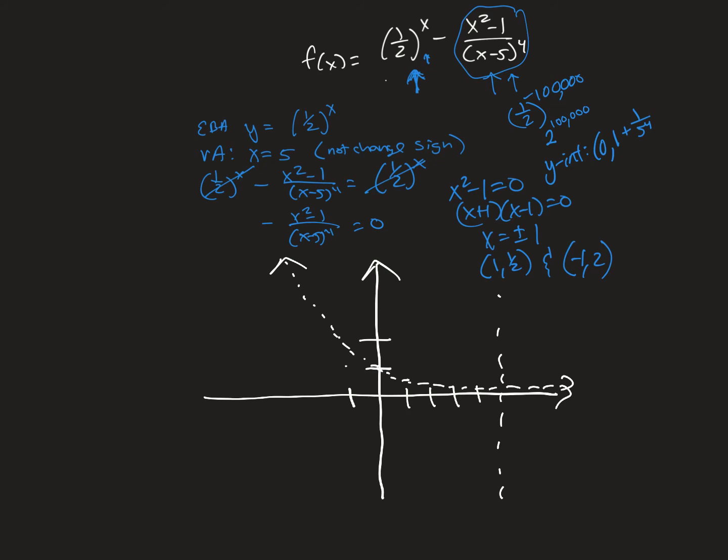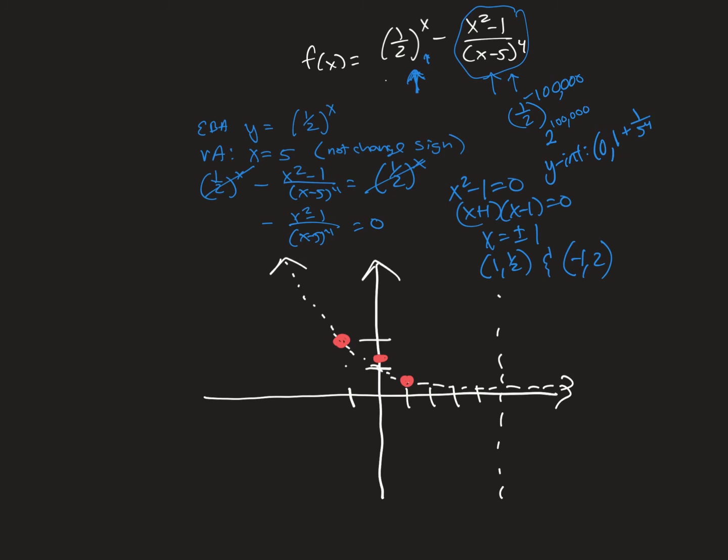Now remember, we know some points on the graph, though. We know it crosses the EBA at negative 1, 2, so that's actually a point on the graph. It also crosses at 1, 1/2. So that's a point on the graph. And the y-intercept is a little bit more than 1.